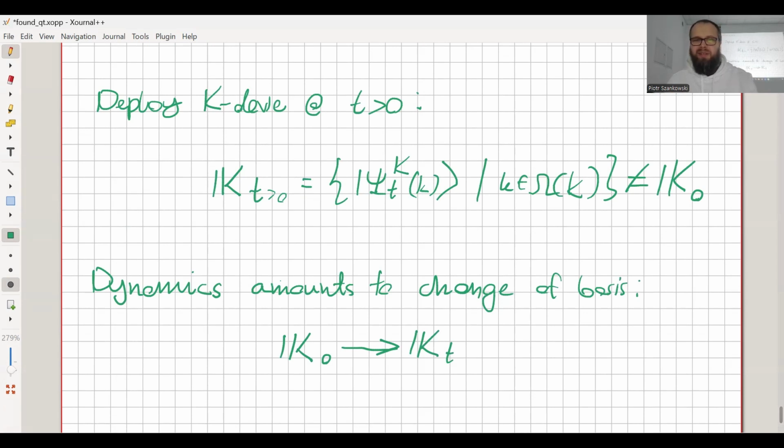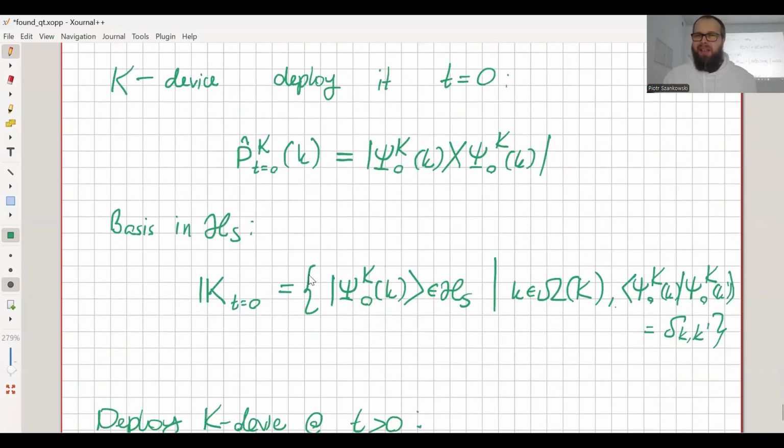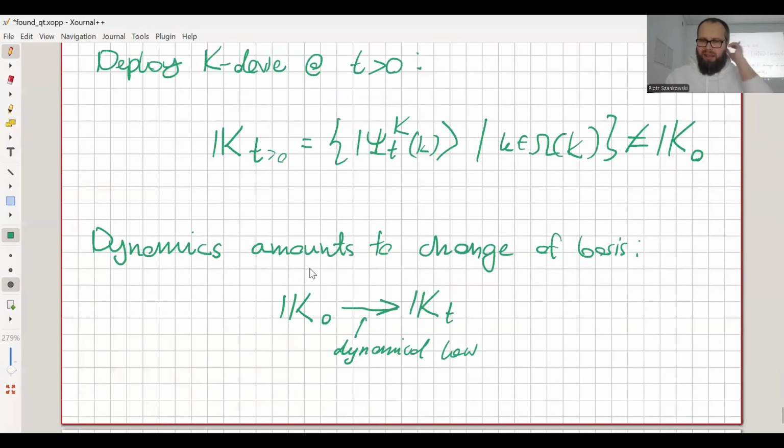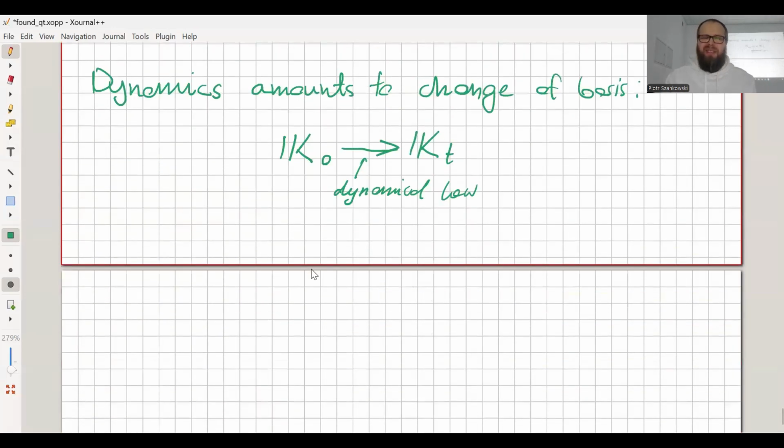This is what we would call some dynamical law. So there is some dynamical law that controls how K0 goes to Kt, because this is the only place where time enters into our considerations, our constructions, right?